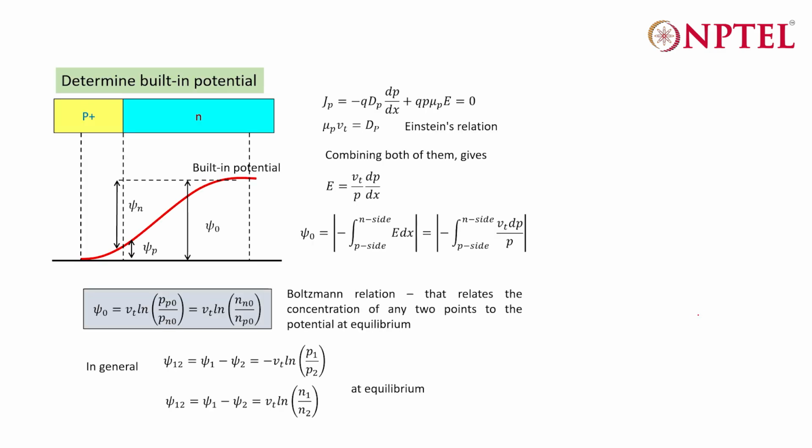In the last lecture, we've seen the details regarding the built-in potential, and we also have derived the equation for the built-in potential. Here is a step-by-step explanation of the same, although I have discussed it in the previous lecture.